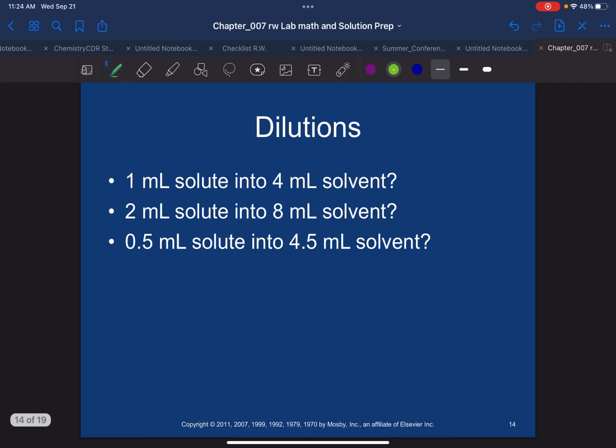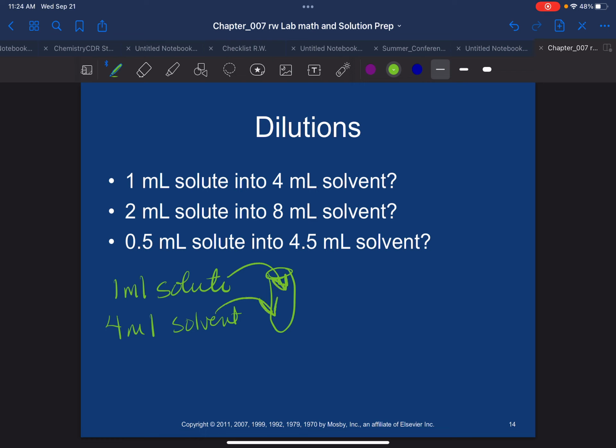All right, let's look at these, and you can pause after each one. What is the dilution if you add 1 ml of solute and 4 ml of diluent? We have 1 over 1 plus 4 equals 1 to 5.